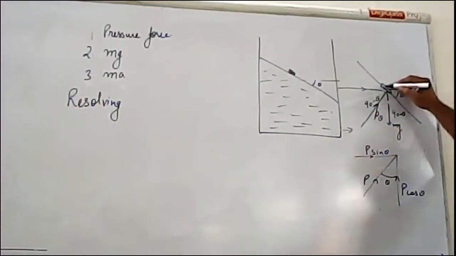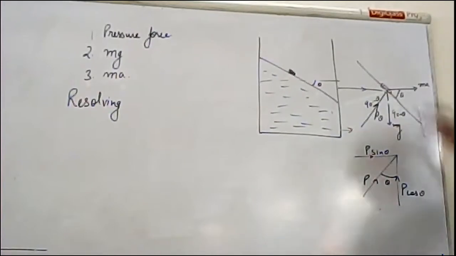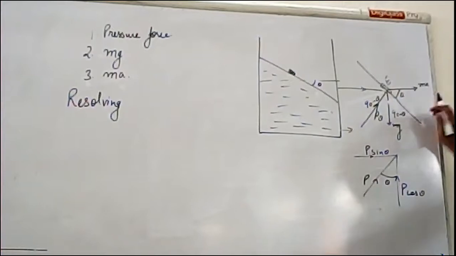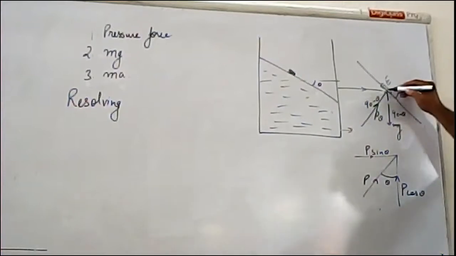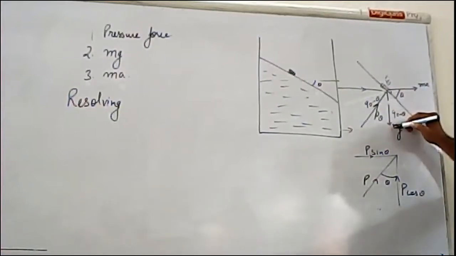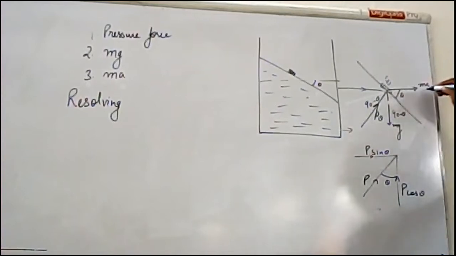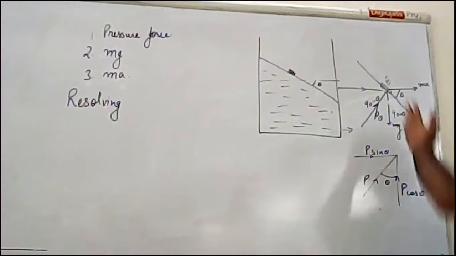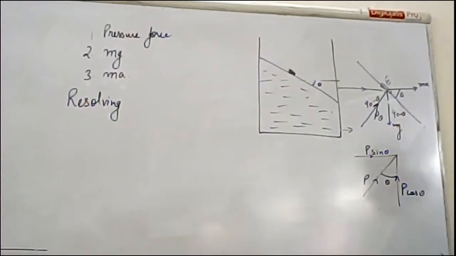Now we have considered this small element, say E. Now weight is acting vertically downward, mg, and movement of this truck is in the direction ma. They are fixed. One is on the horizontal side and the other is vertically downward.